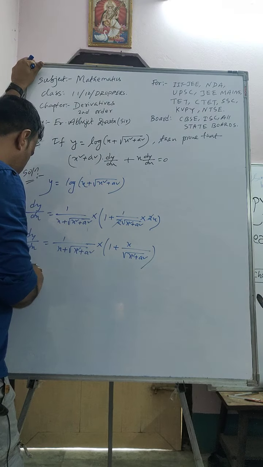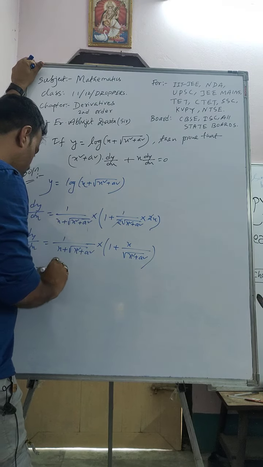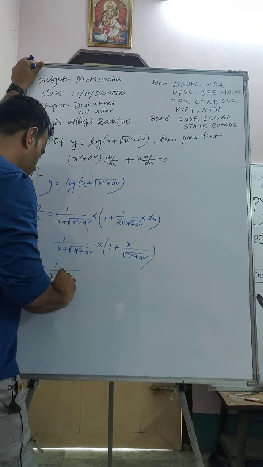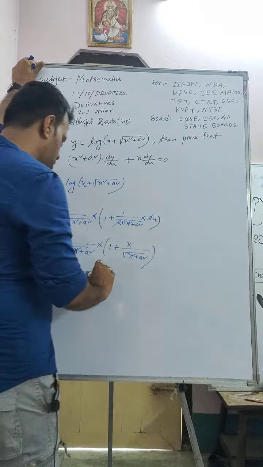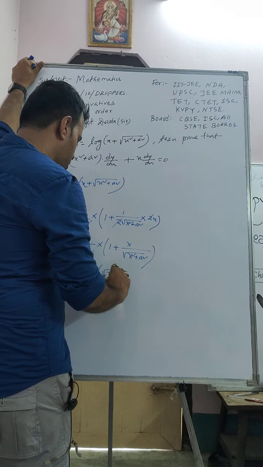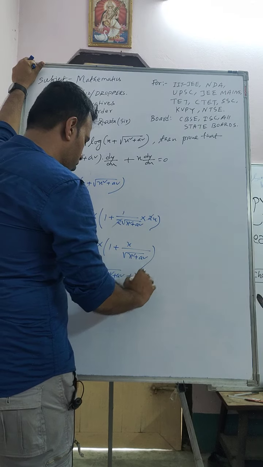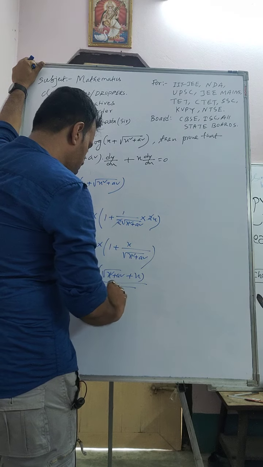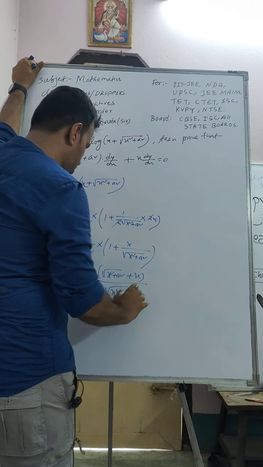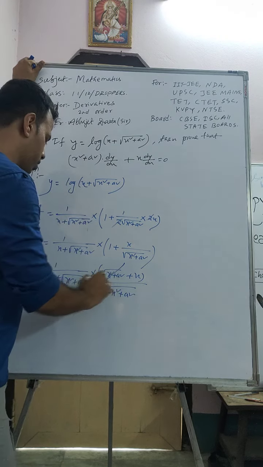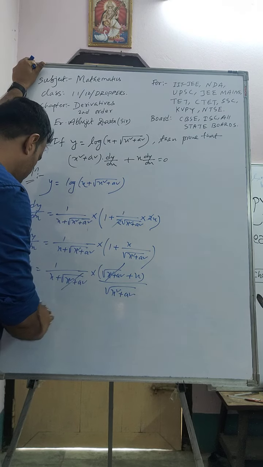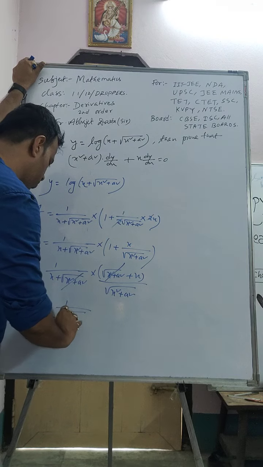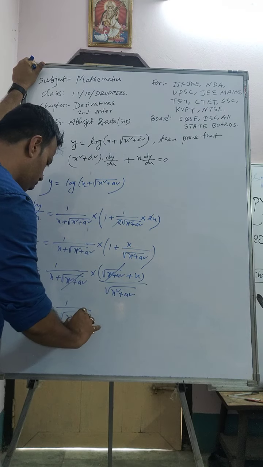So dy dx is what? 1 by x plus root over x square plus a square into root over x square plus a square plus x by root over x square plus a square. Okay, so this part will cancel out, so dy dx will be left as 1 by root over of x square plus a square.